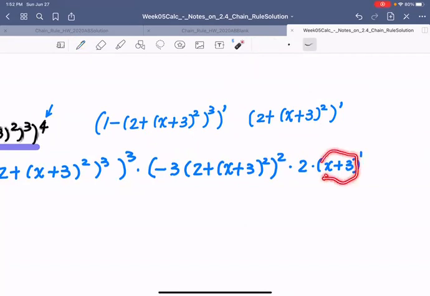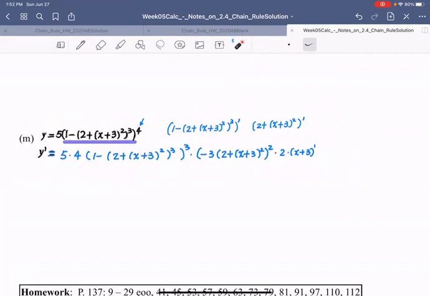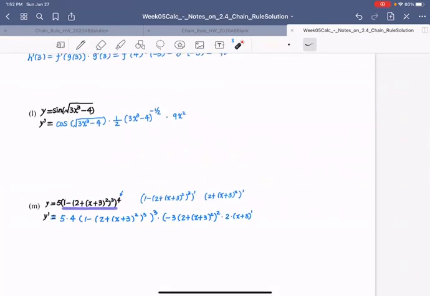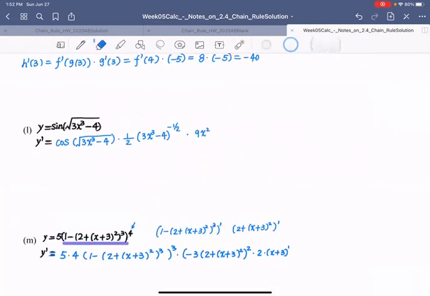And then you want to say, can I also do this one? Well, the derivative of x plus 3 is 1. So you can just stop here. That's all. How many layers does it have? 1 here, 2 here, 3 here. Not too much. You feel better now? Claire, can you do this by yourself now? Okay. Now let's do the next one.